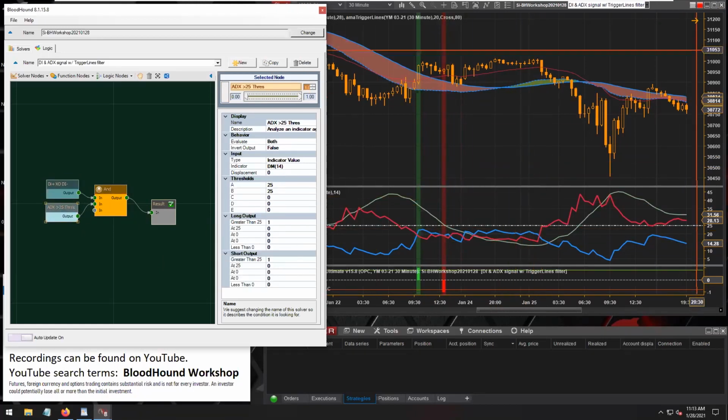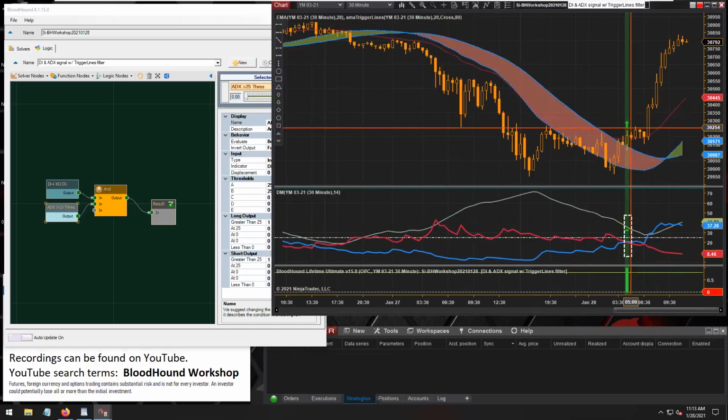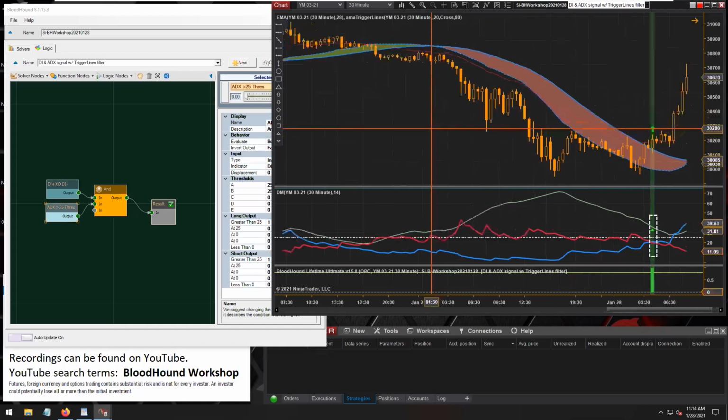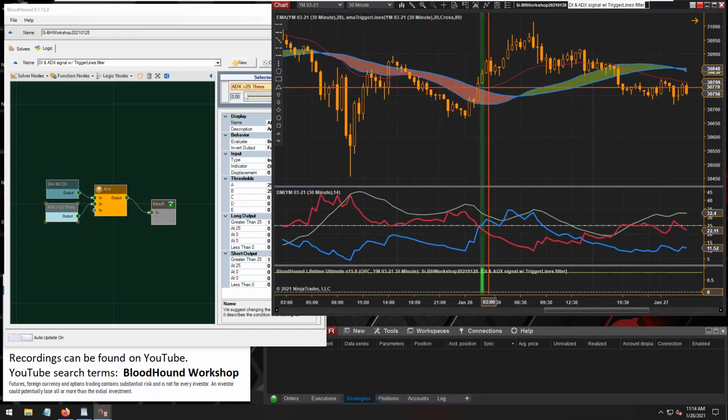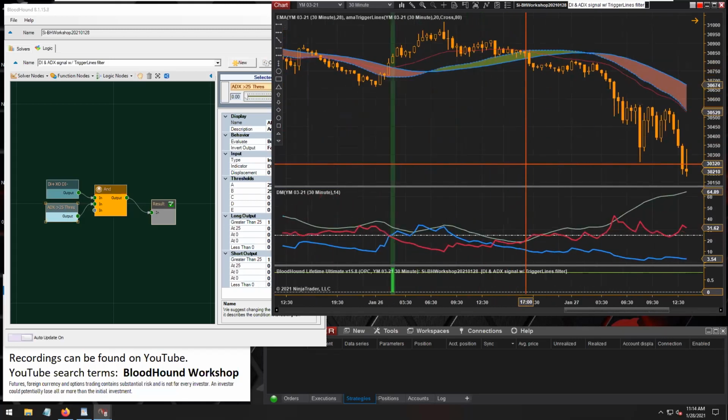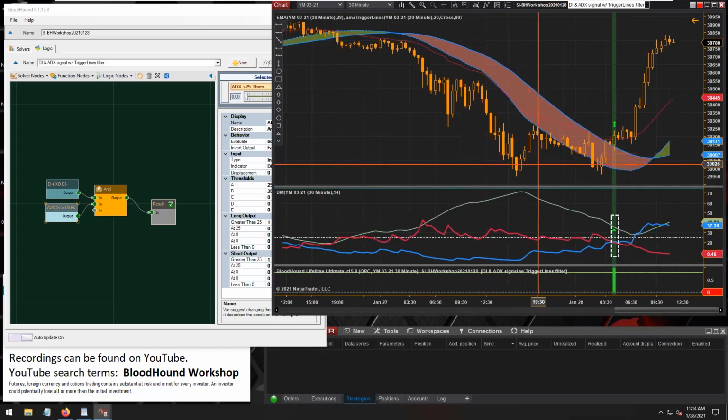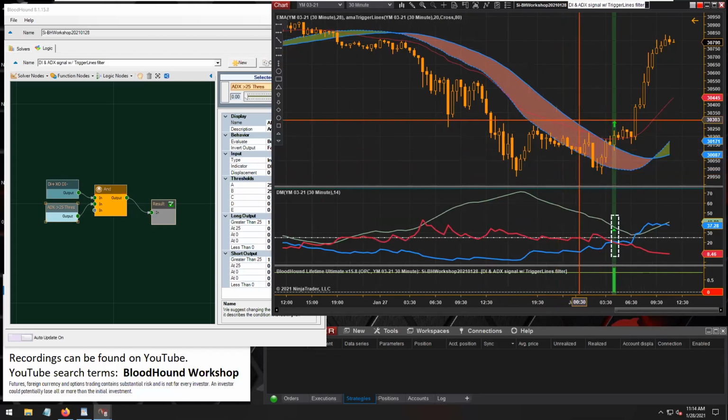And our third condition is we're going to compare the closing price to the trigger lines. We have an interesting situation here.